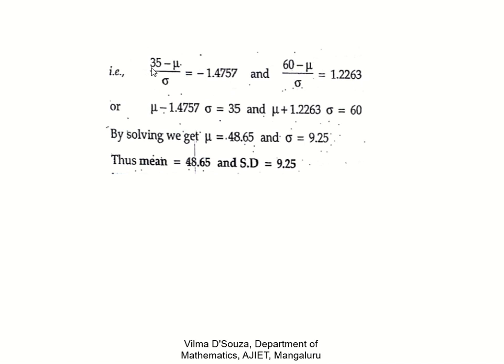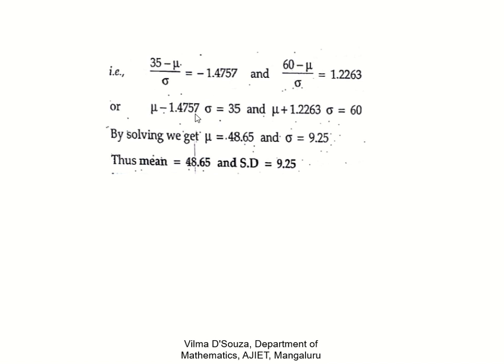Simplify this. 35 minus mu is equal to minus 1.4757 sigma, cross multiply, or mu you can shift to the other side: mu minus 1.4757 sigma is equal to 35.